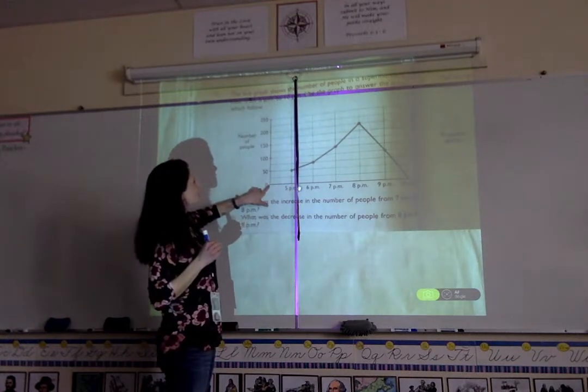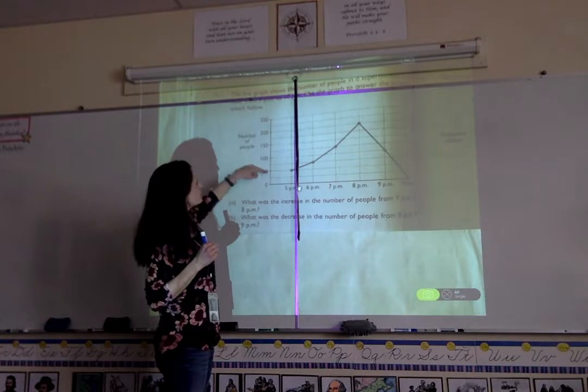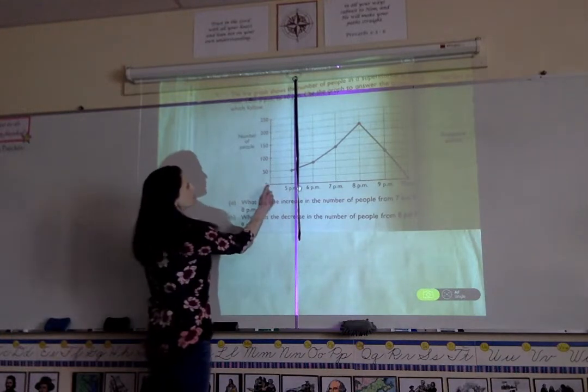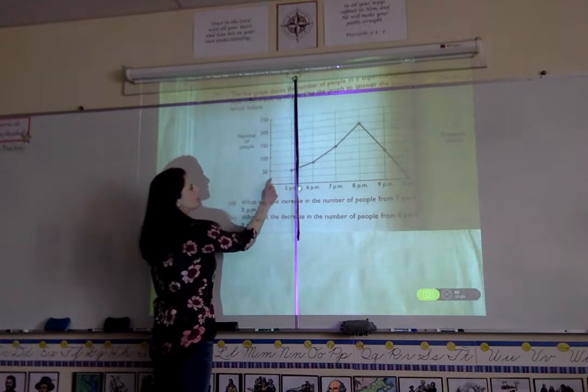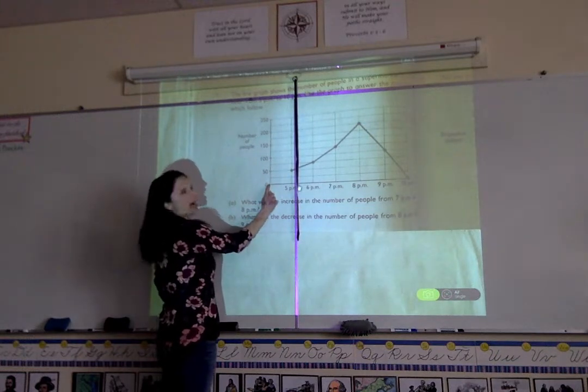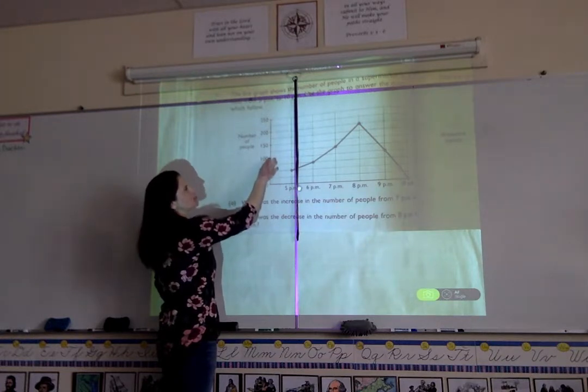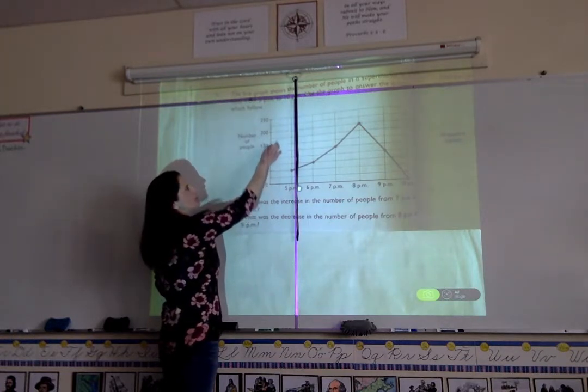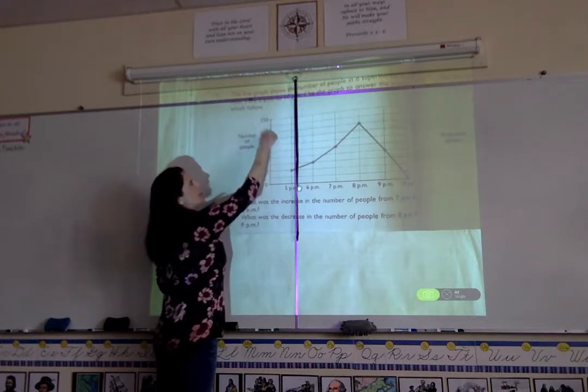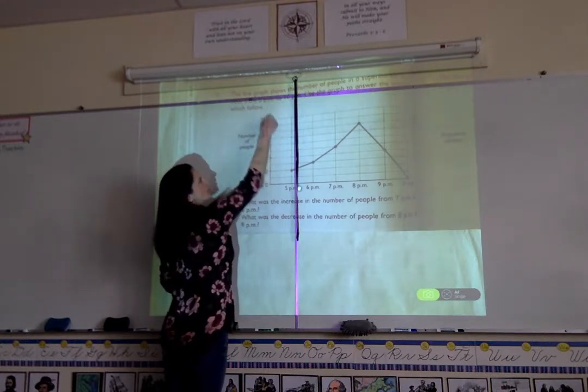So we start at 0, and every other line is increasing by 50. If this is 0 and this is 50, then the line halfway between them would be 25. So 0, 25, 50, 75, 100, 125, 150, 175, 200, 225, and 250.